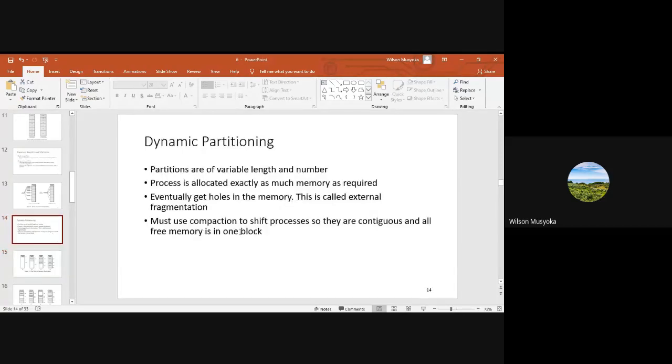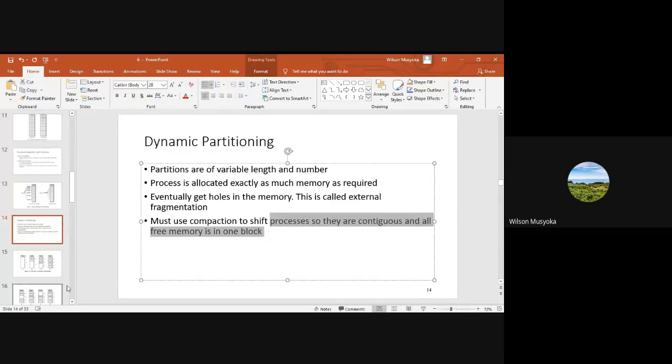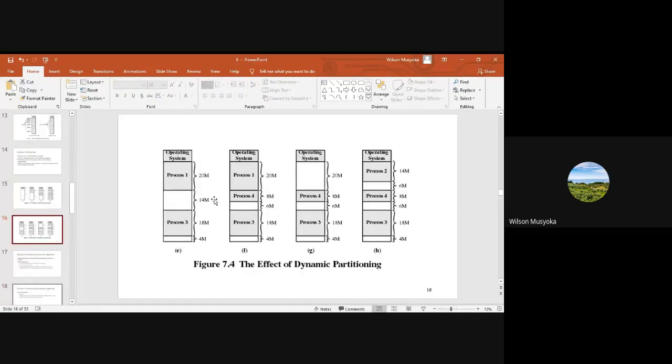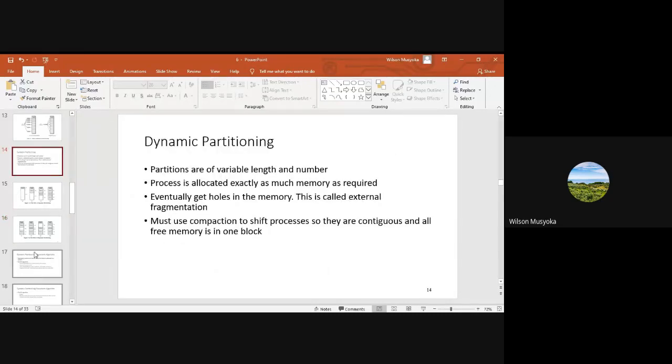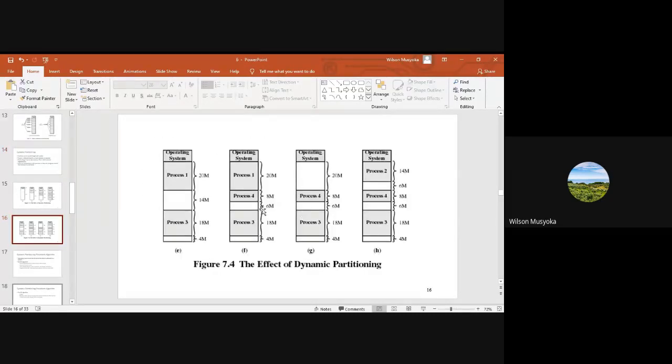So let us see where external fragmentation comes in so that it can be addressed. Process 1 took 20, and then process 3 took 18, but now process 2 is already finished, and it has left a gap of 14 megabytes. In order to remove this external fragmentation, the next process which comes, process 4, will be allocated this remaining space.